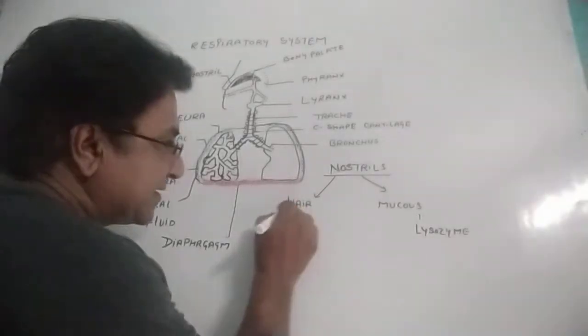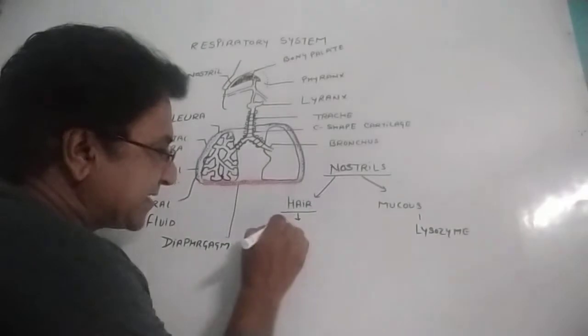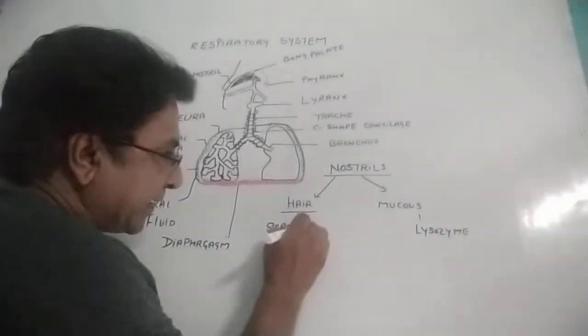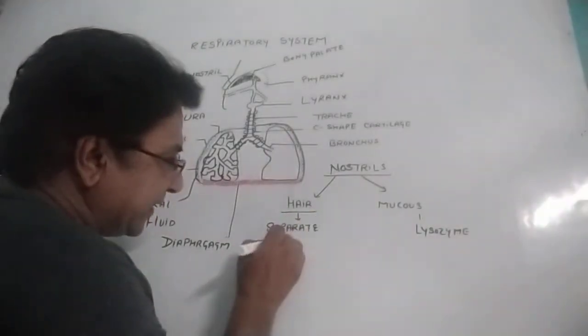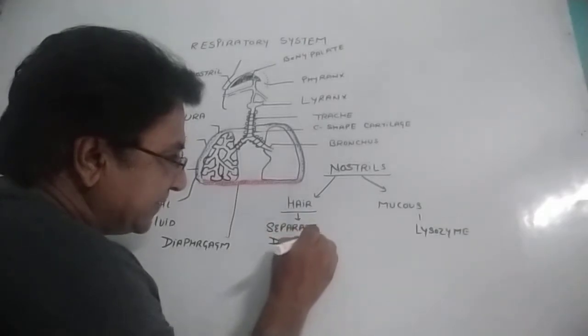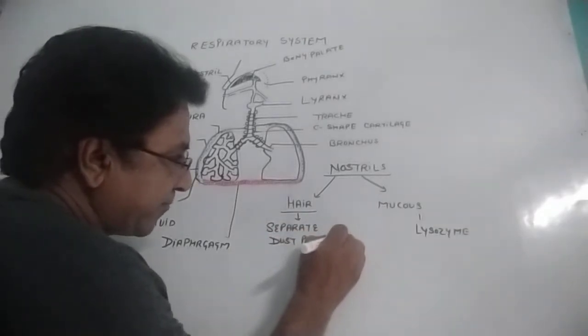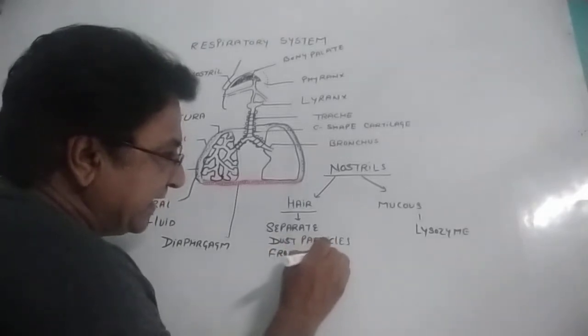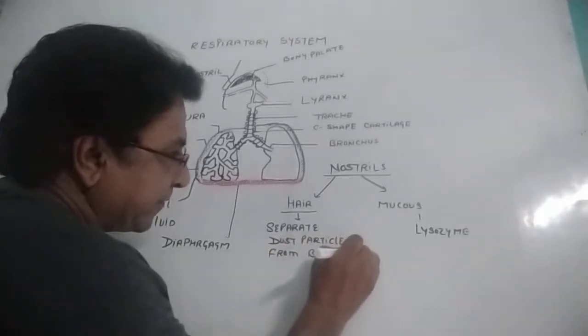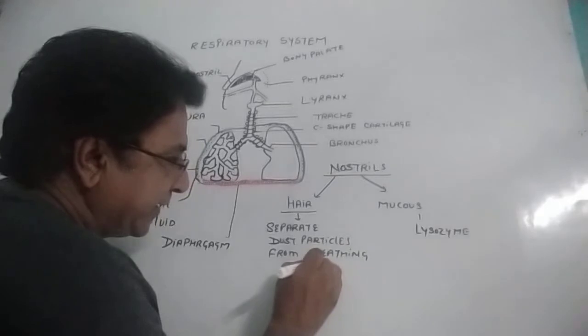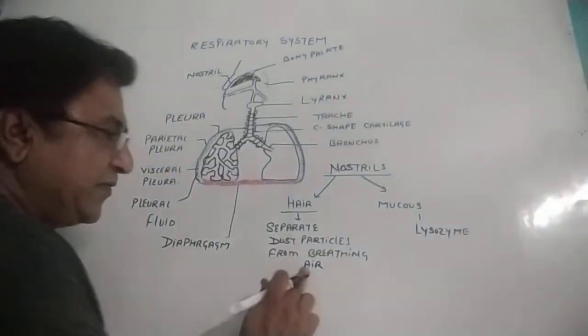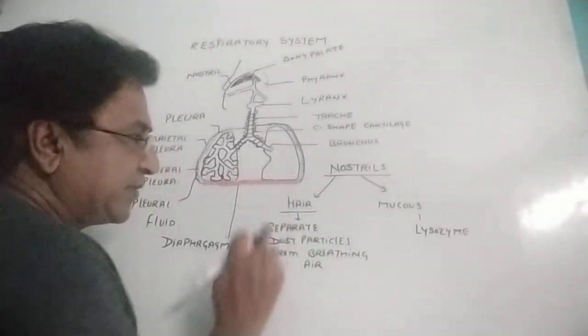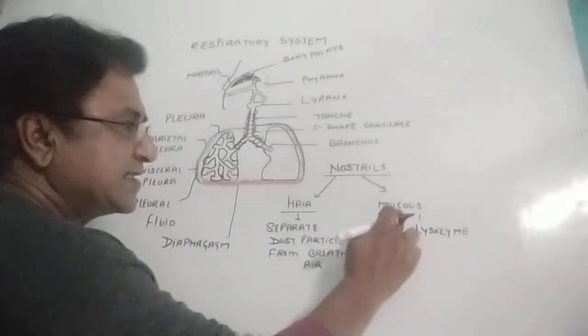And the hair separates dust particles from the breathing air. These dust particles which are separated by the hair get stuck to the mucus.